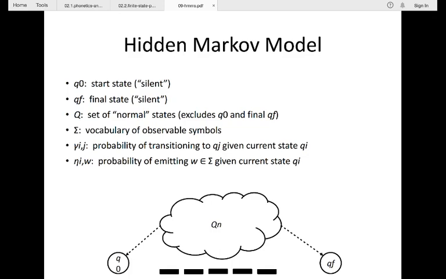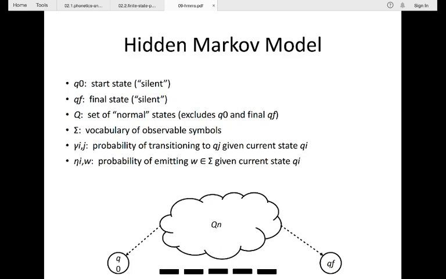And this is what a hidden Markov model consists of. So you have a start state that we'll call Q0, just like in FSTs. You know, there's a start state. This doesn't have, the other states will have something associated with them, like a tag or a word. But this doesn't have anything, it's silent. And the same thing is the final state, QF, it's silent.